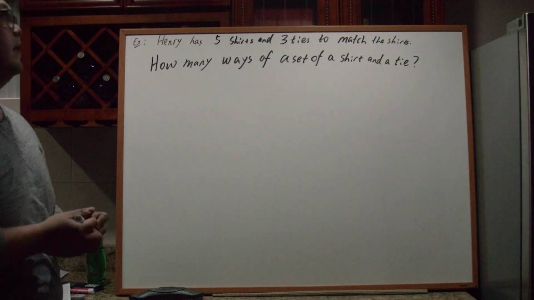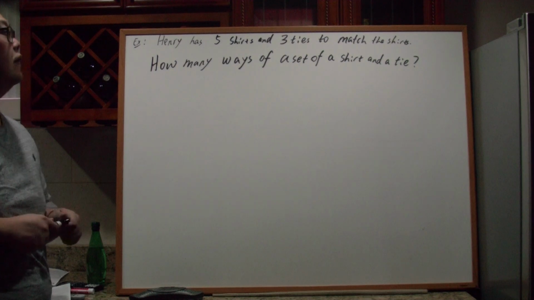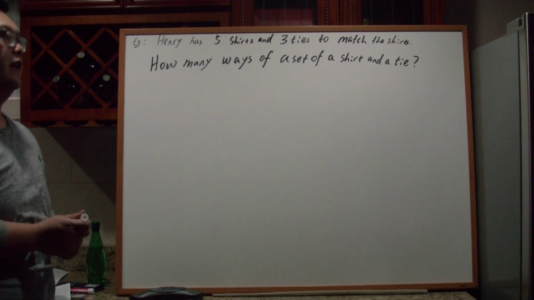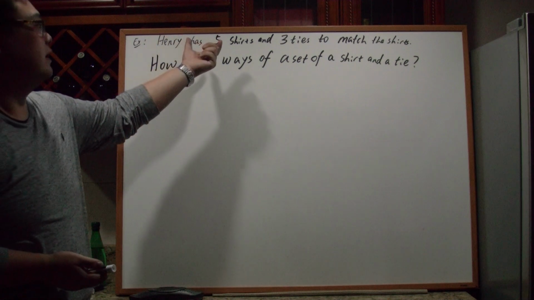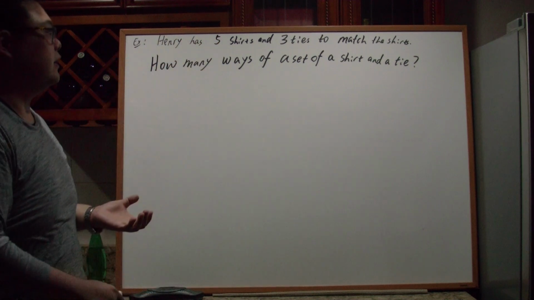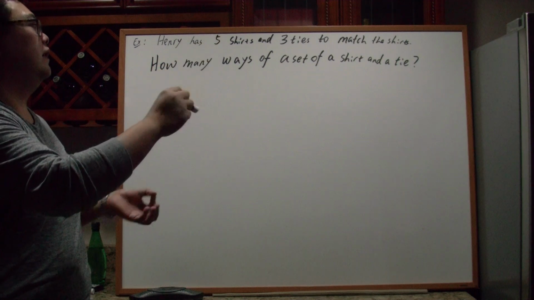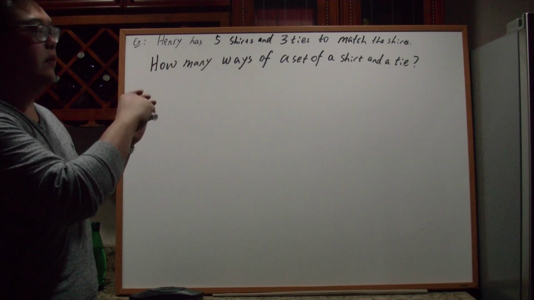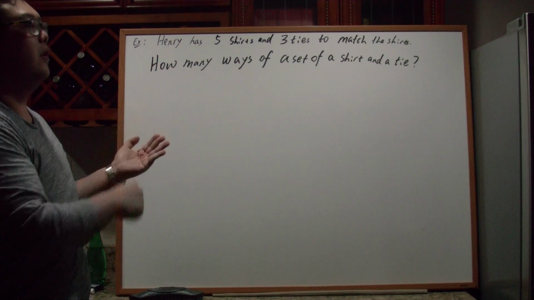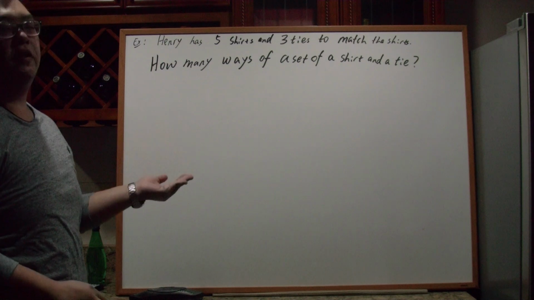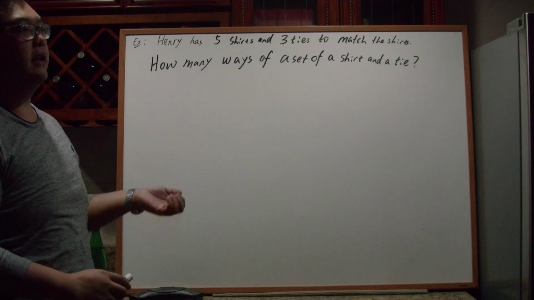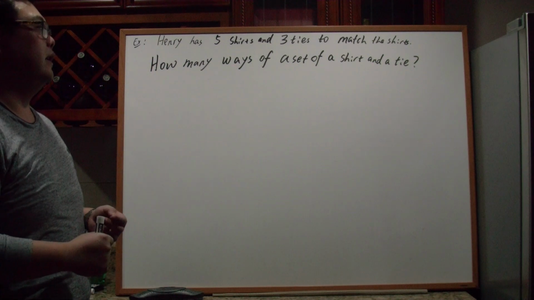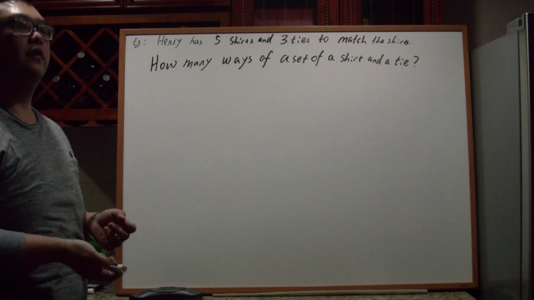Henry has 5 shirts and 3 ties to match the shirts. How many ways are there to choose a set of a shirt and a tie? So 5 different shirts. Well, intuitively, right? Each shirt has 3 different ties that can match it, and each combination or set is different, right?